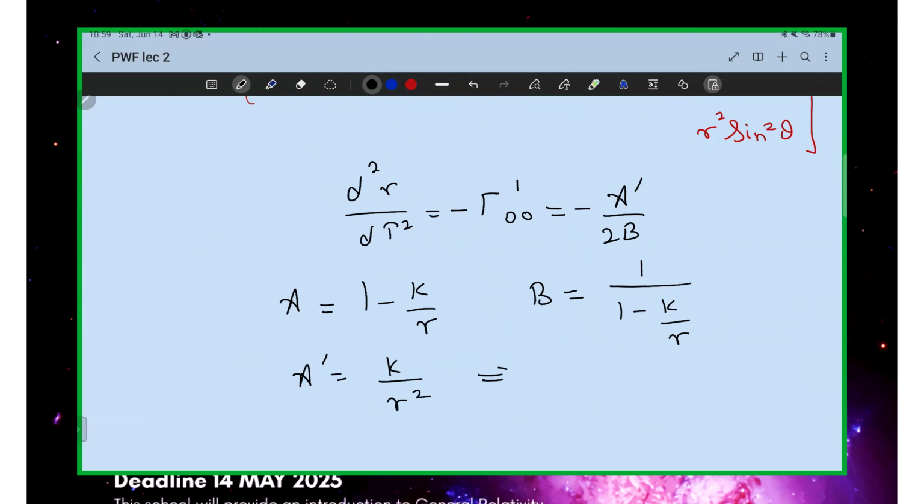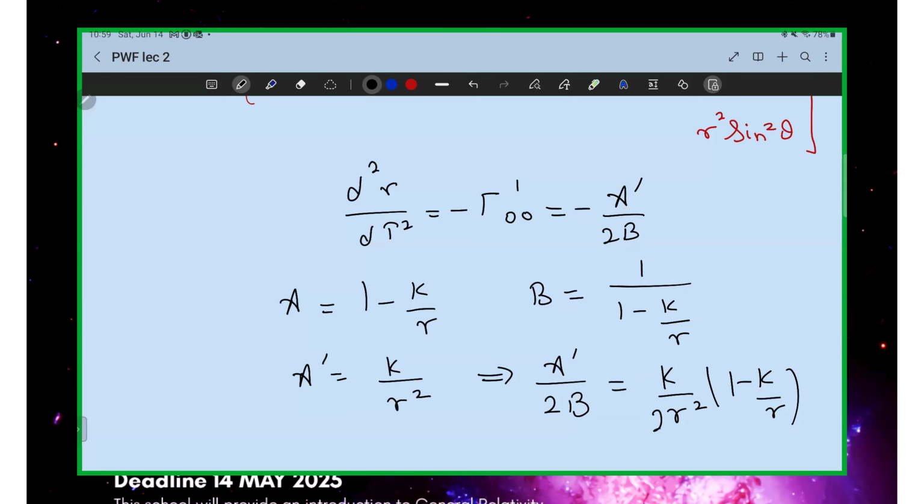So A prime over 2B is k over r squared divided by 2B, which means k over r squared over 2 times 1 minus k over r, because if you invert B, you get 1 minus k over r.